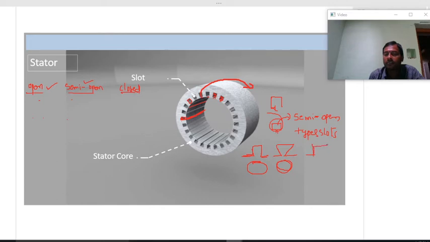If you take closed, the rotor will be like this. Now here the stator flux can link with the rotor, more flux will link with the rotor. But look at this one, this is the air gap. Rotor to stator, this much of air gap is available.